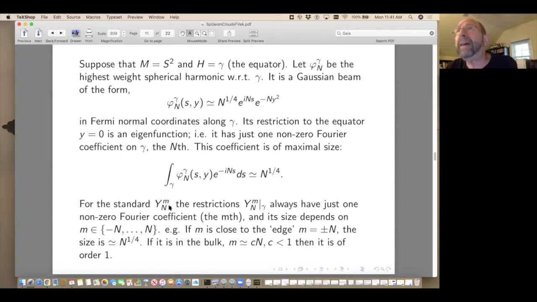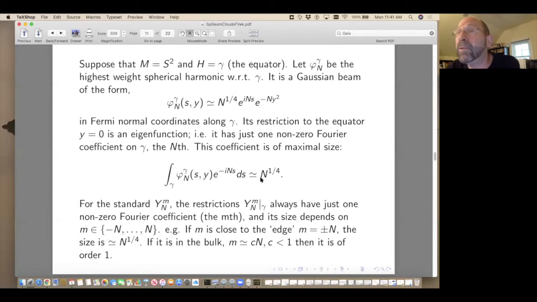Then Y_mn has a big fold singularity and explodes, but not as much by any means as the Gaussian beam explodes at the edge of the interval. So the explosion at the edge of the interval, when gamma is a closed geodesic, never happens if it's a latitude circle. If it's a closed geodesic, you have eigenfunctions which have enormous Fourier coefficients. You do not if it's a latitude circle, for example.